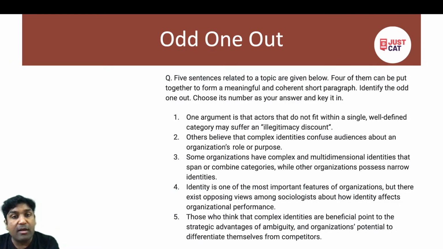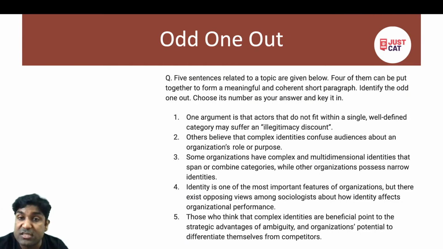We know, but still we'll read 4 and 5 for our satisfaction and joy of learning. 4 says identity is one of the most important features of organizations, but there exist opposing views among sociologists about how identity affects organizational performance. Again, 4 is talking about identity being one of the most important features of organizations.